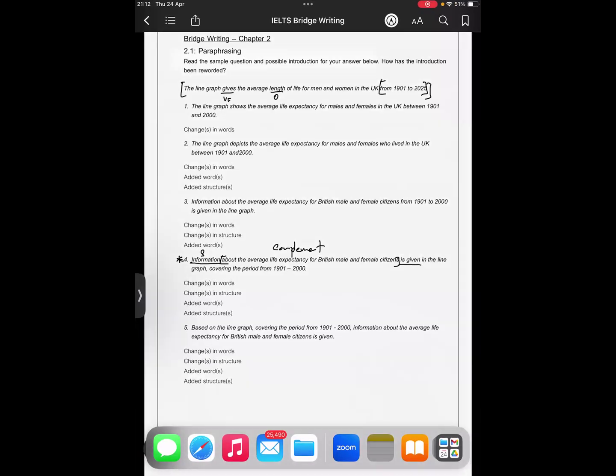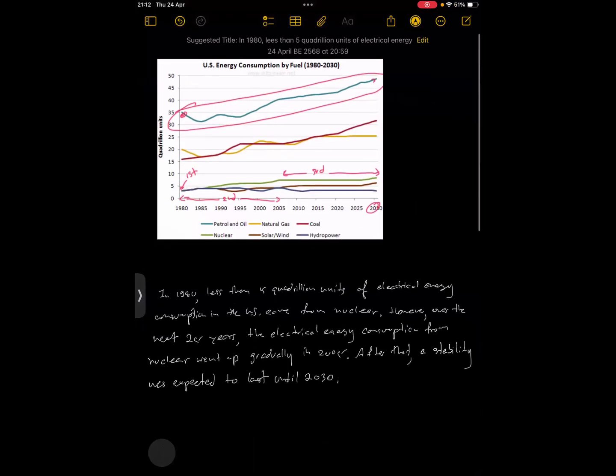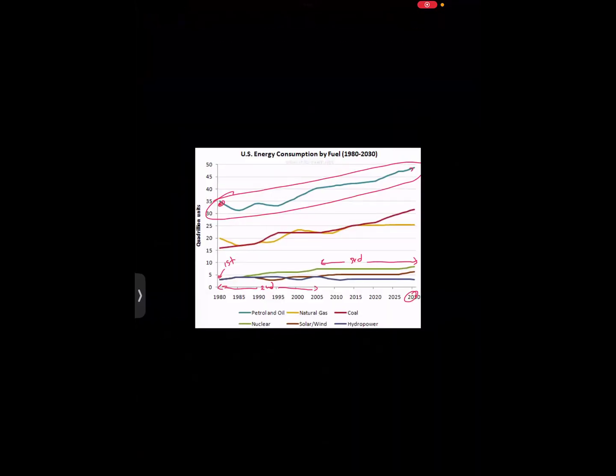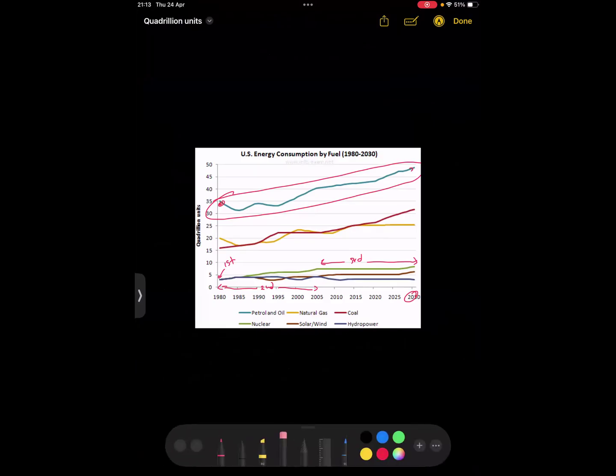Let's try that with our previous example. So we are given this line graph, and it's about US energy consumption by different fuel sources.